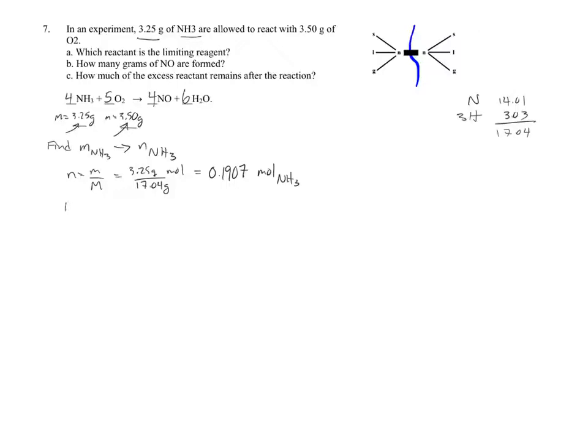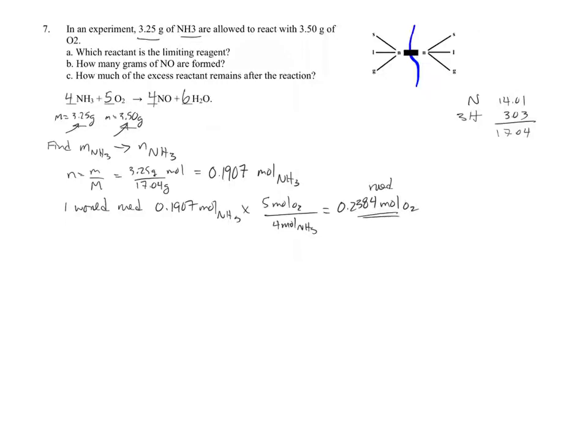So I would need 0.1907 moles of ammonia times, doing the dimensional analysis, 5 moles of oxygen divided by 4 moles ammonia, so times 5 divided by 4, which would be 0.2384, etc., moles of oxygen. So that's how many I would need.